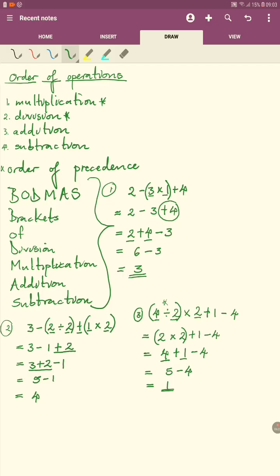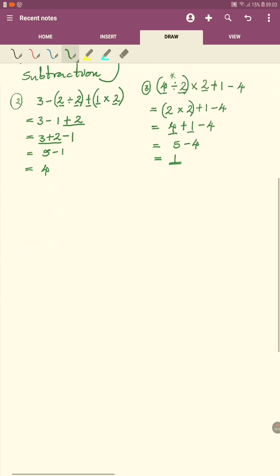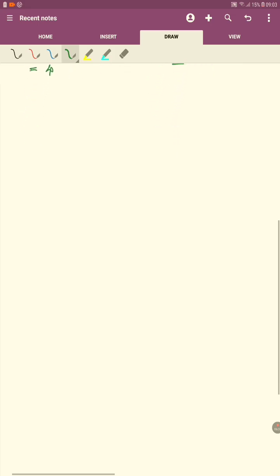So each and every time when you are given a question that has got numbers inside the brackets, you solve what is inside the brackets first.